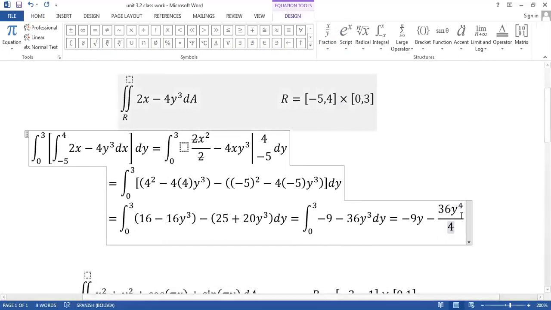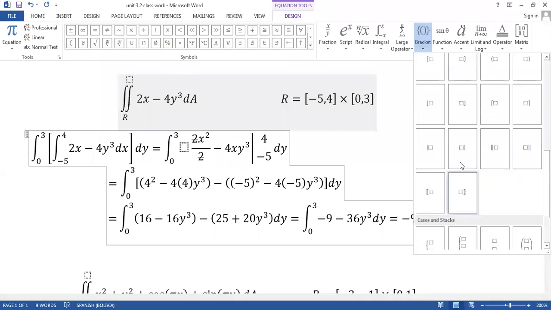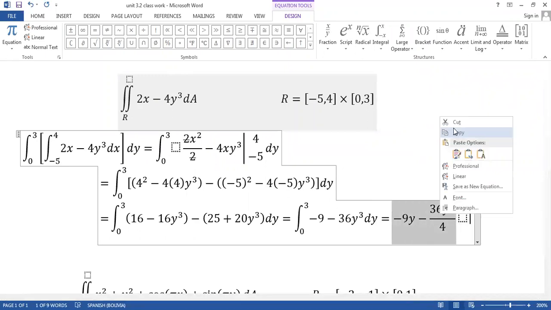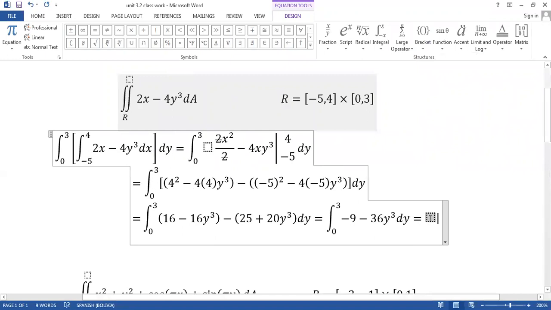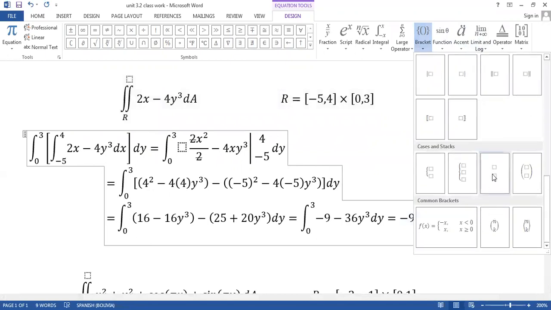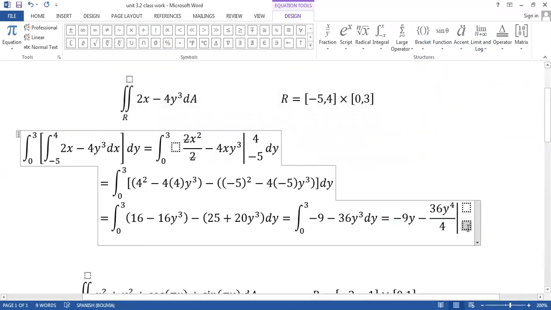And of course, you know what I forgot to do, as usual. The upper and lower limit, going from 0 to 3.